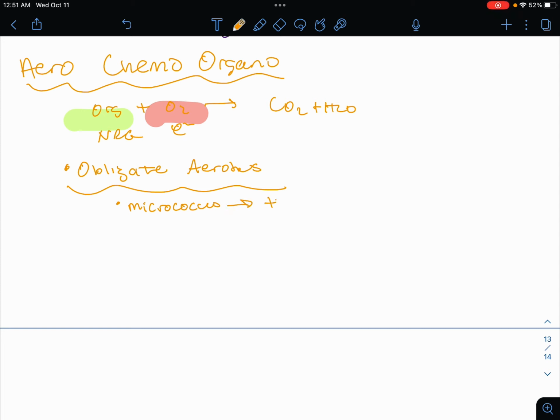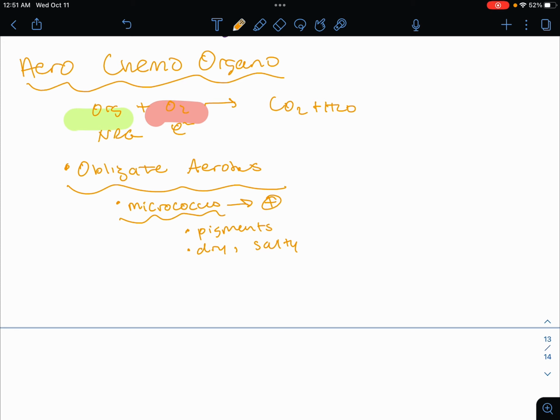These are going to be gram-positive. They are found in soil, dust particles, inanimate objects, skin. They do have pigmented colonies. And they like dry and salty environments. That's not their flavor, that's just where they live. Not that Micrococcus taste dry or salty. They just like those environments.